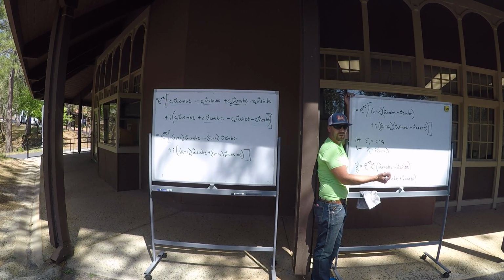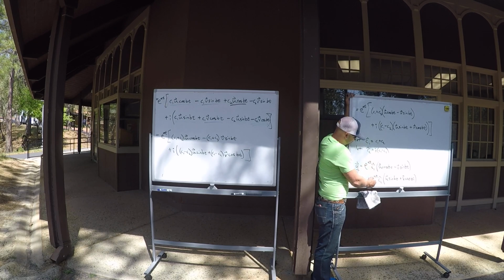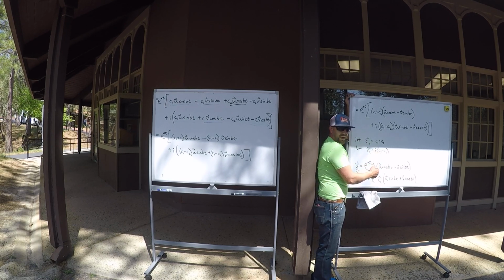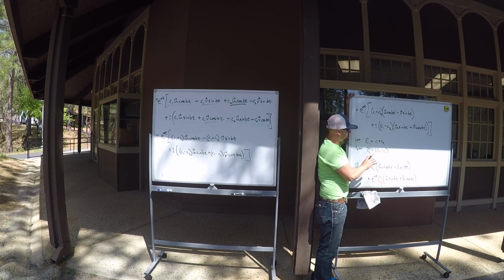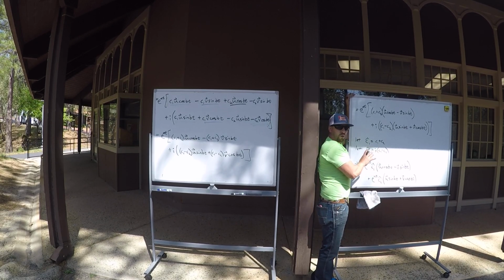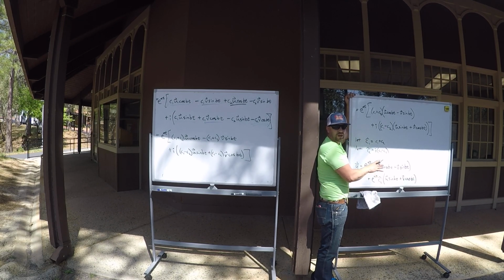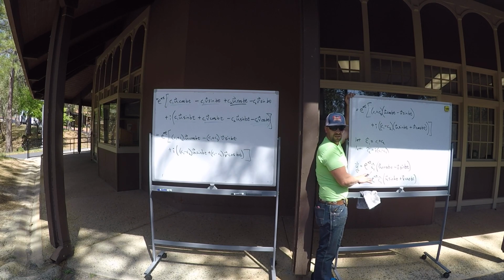You guys see that's what happened there? Because this C2 ate the imaginary part. Right? So really, ultimately, this formula is just the old formula, but rewritten to get rid of the imaginary number by sucking it into a constant.